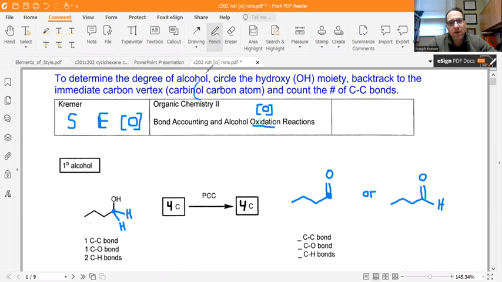Doesn't the word alcohol end in OL, as does the word carbonyl? So carbonyl carbon represents a vertex bearing a hydroxy group. From there, you want to count the number of carbon-carbon bonds.